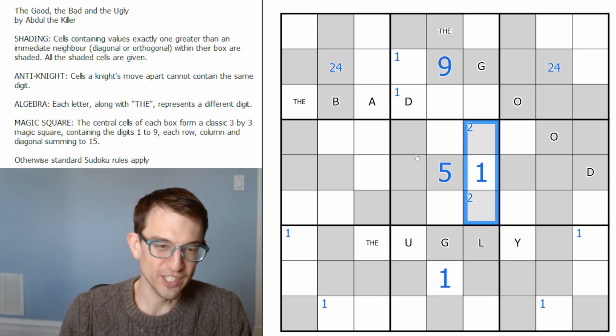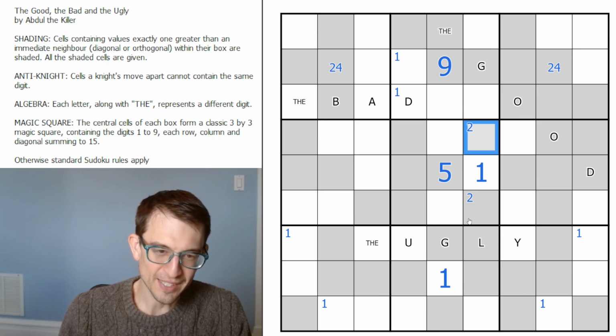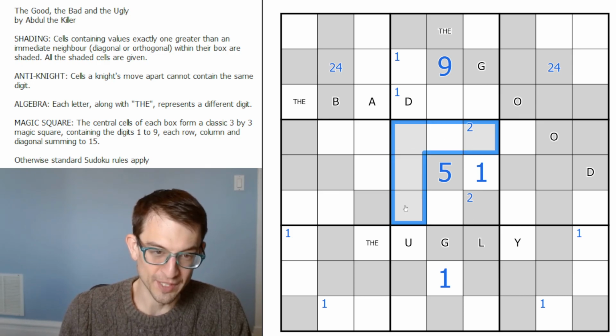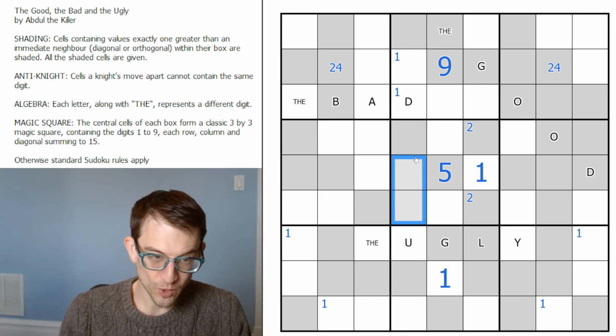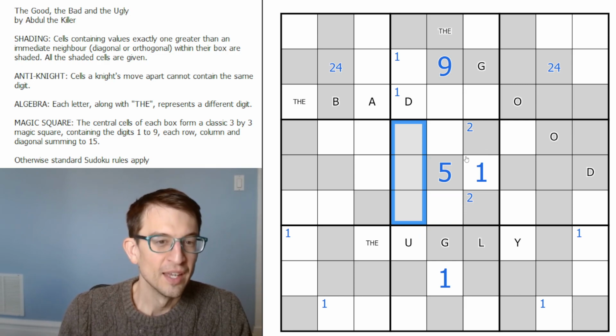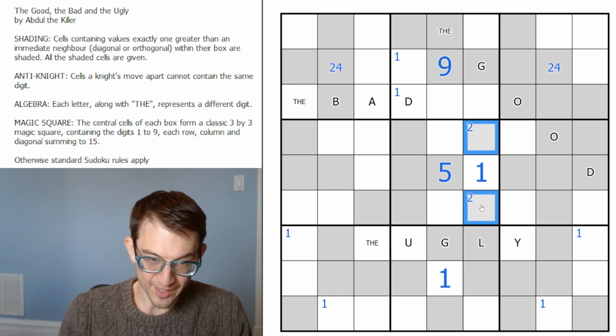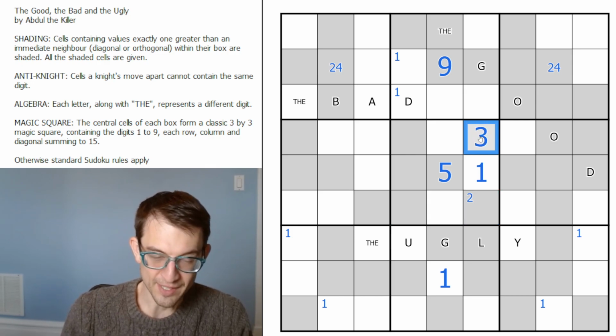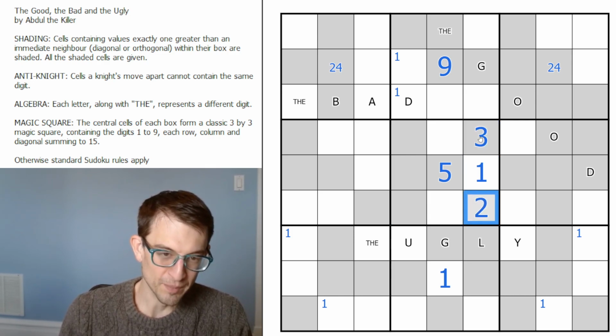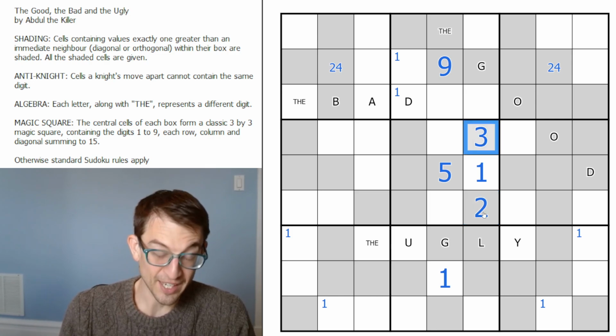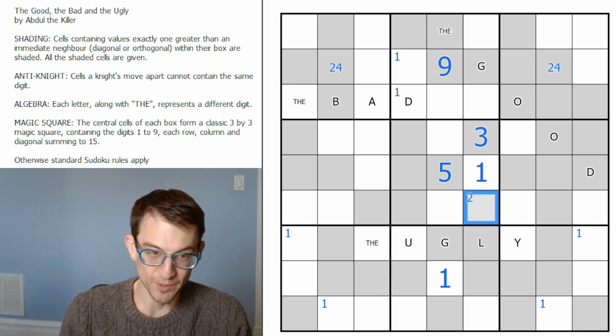And that's going to chain actually into the 3s, because if I think about now, where does 3 go in this box? Well, again, 3 can't go in the left column because it's shaded and not adjacent to wherever the 2 is. It can't go here because let's say I put the 3 in the top and the 2 will have to go in the bottom. And now this 3 is not adjacent to the 2 but shaded, so that won't work.